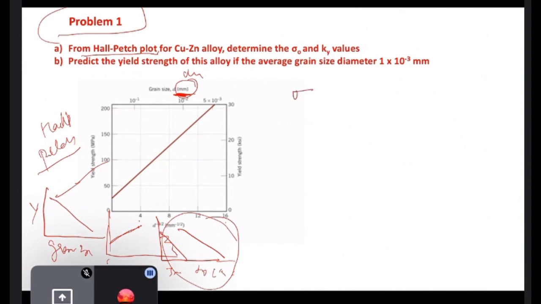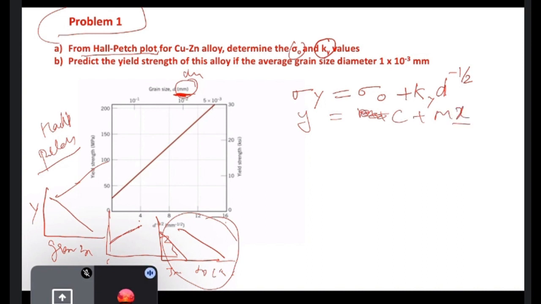So what does the Hall-Petch effect say? Yield strength equals sigma naught, a constant, plus k times grain size raised to the power minus half. First our aim is to find these two values. To find them, we apply a linear relationship: this is our x, this is the y. I have to determine the slope, which can be determined very clearly. Suppose I take these two big numbers.